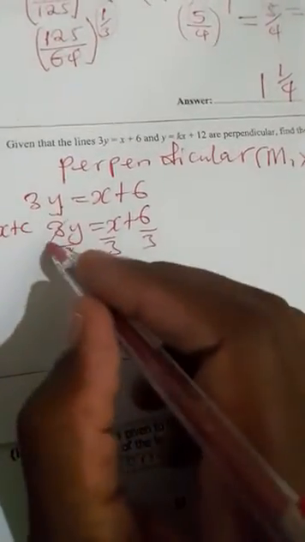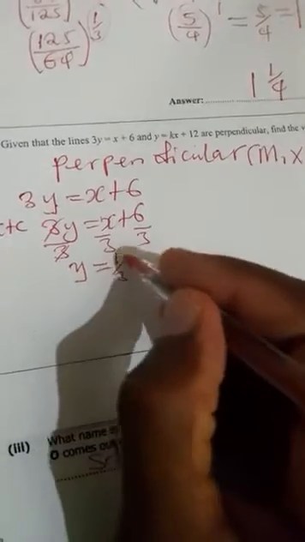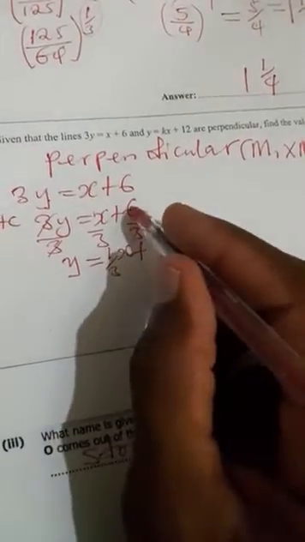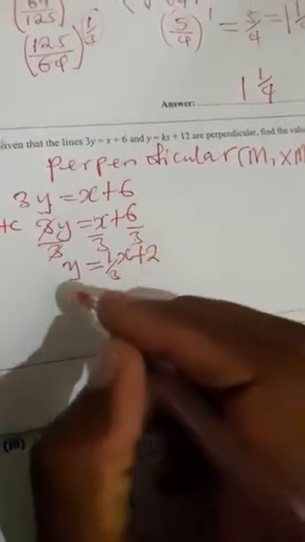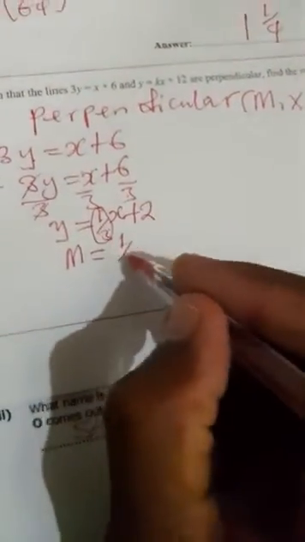So y will be equal to, remember there is a 1 there, so you can say 1 over 3 x plus, 3 into 6 will get 2. So the gradient here is 1 over 3. This is gradient 1.